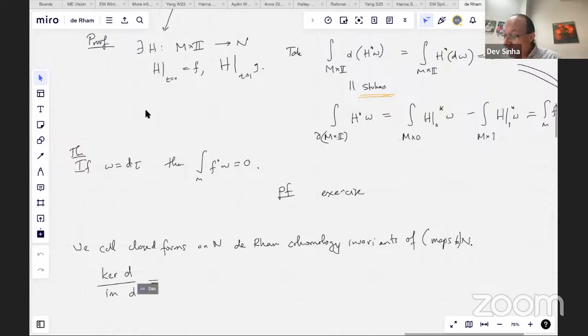And this is going to be, in degree k, the kth de Rham cohomology of N. All right. So k forms give some kind of invariant of a manifold, and that gives another meaning. It gives an invariance of maps into the manifold.